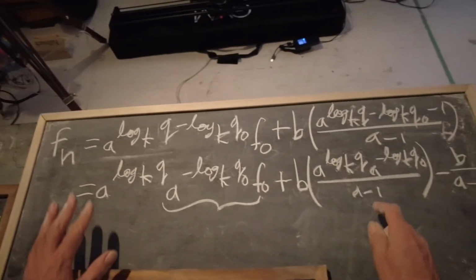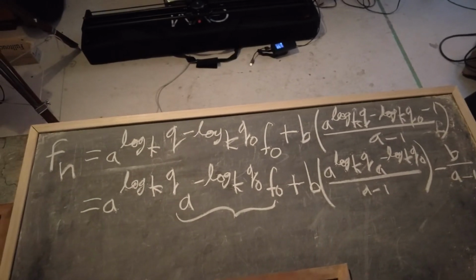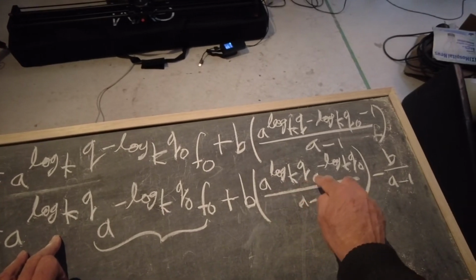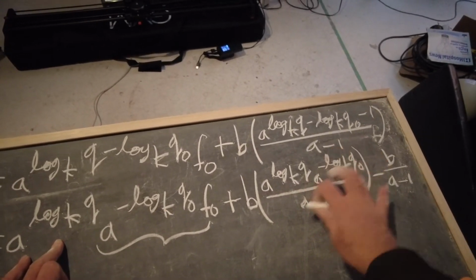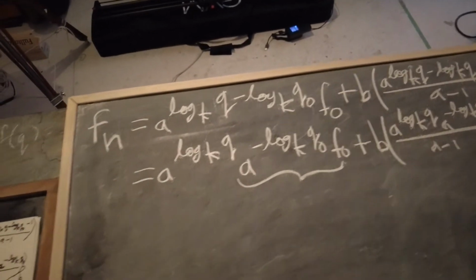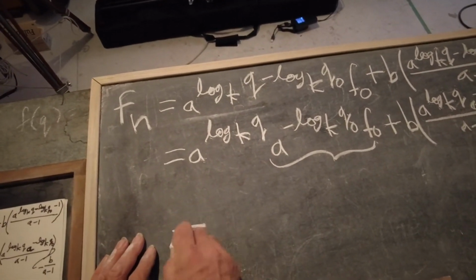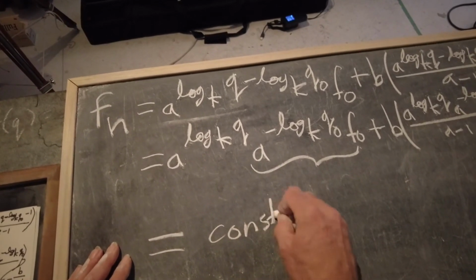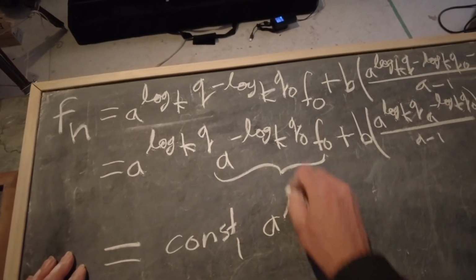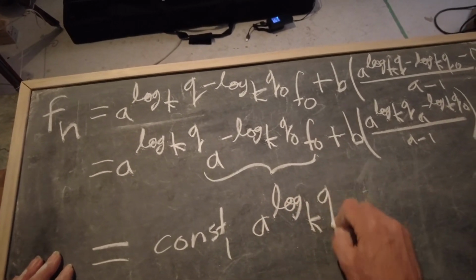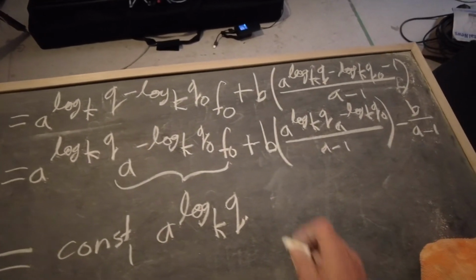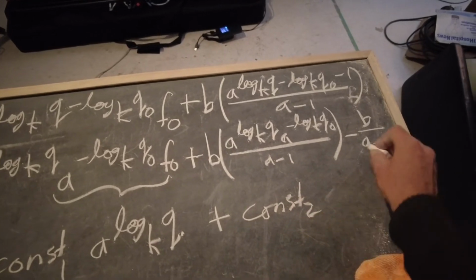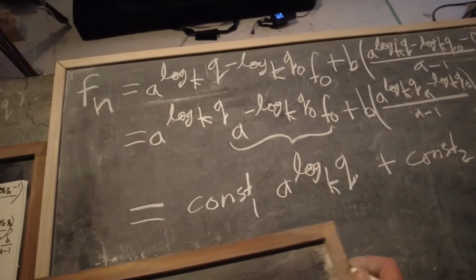And so you can see what we have here is these terms are all in a to the log k of q times some other constant, and so is this. So you can factor that out, and you can see that this is equal to some constant, say constant 1, times a to the log k of q, plus some other constant 2, say this over here.